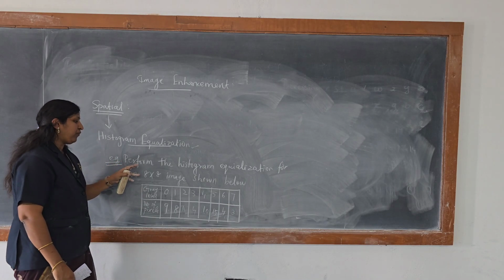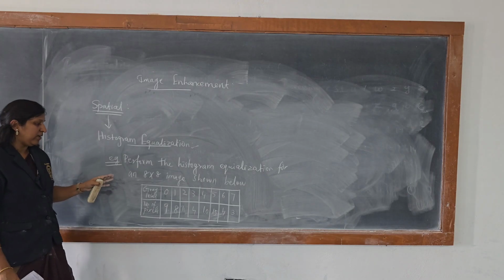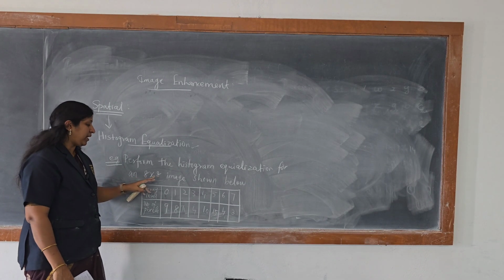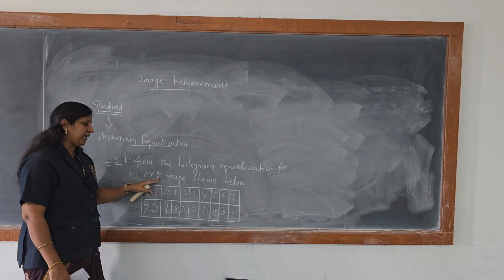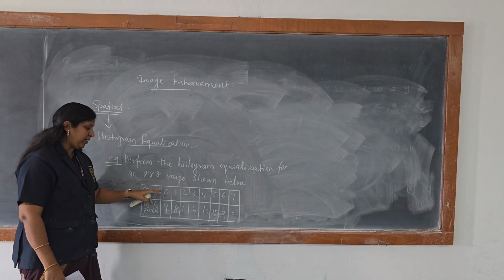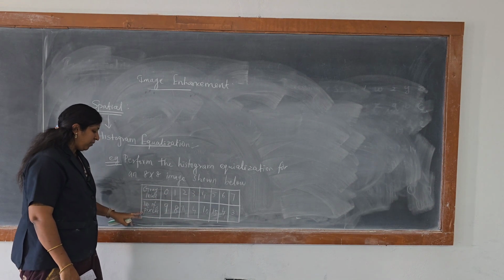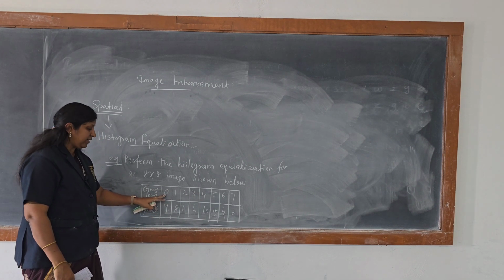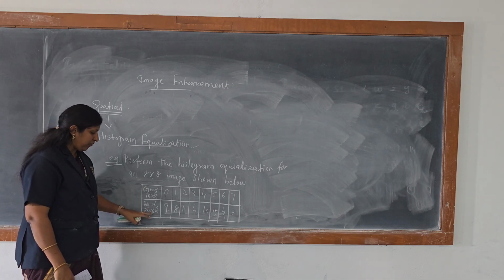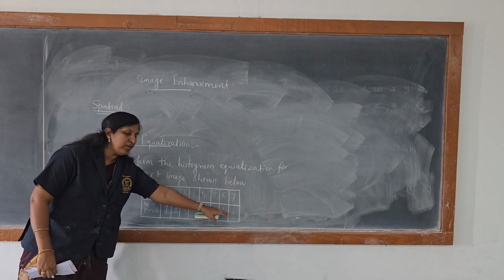So we are going to perform the histogram equalization for the given data. In the problem statement they have mentioned it's an 8x8 image. These are the intensity values in the 8x8 image, ranging from 0 to 7. The number of occurrences of each intensity value is given in the table, that is number of pixels 9, 8, 11, 4, 10, 15, 4, 3.